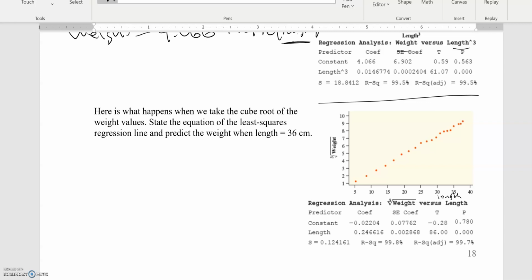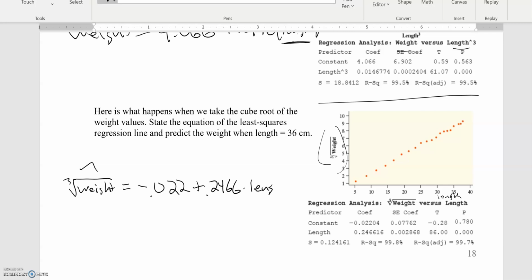It's now my y variable is this thing: the cube root of weight hat, my predicted cube root of weight, is the constant negative 0.022 plus the coefficient for length, which is 0.2466, times the length.